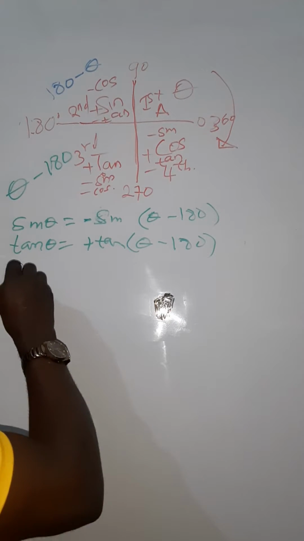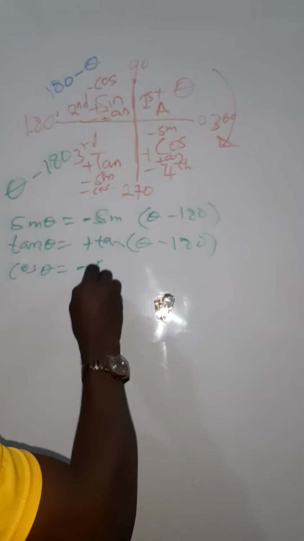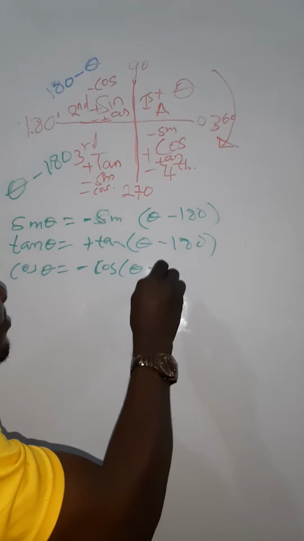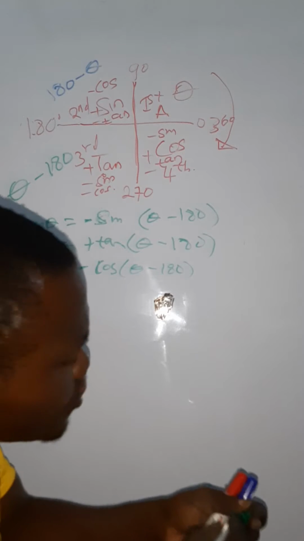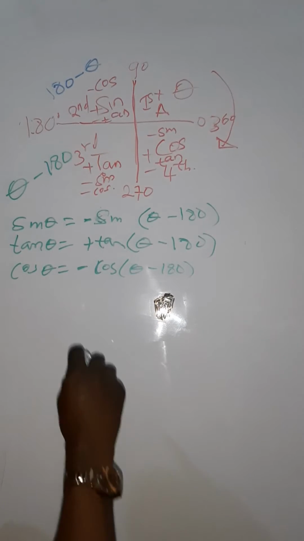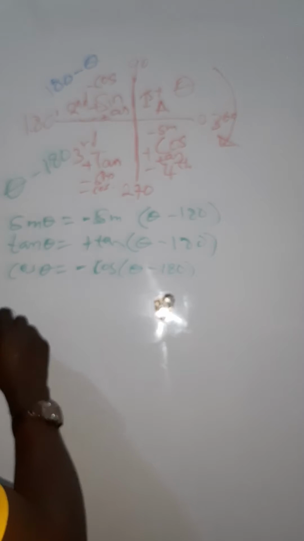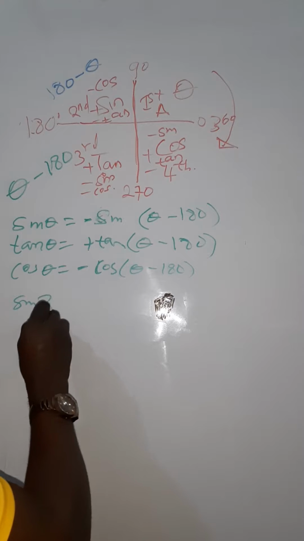In the case of cos, cos theta is negative cos of theta minus 180. So whatever the value for theta is, let's assume I have theta as 240 and I'm to look for sine 240.